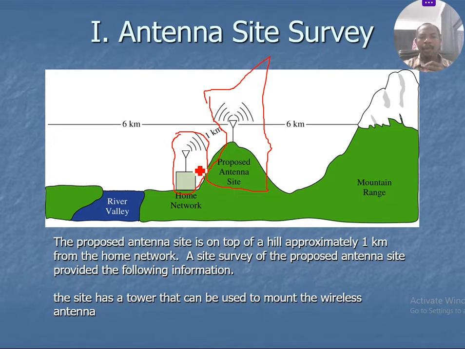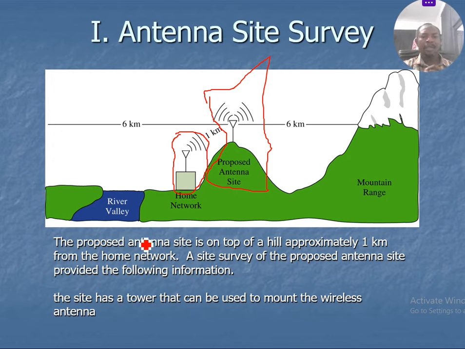However, from your home, the maximum distance allowable for a Yagi antenna to the distribution tower is around 1 kilometer, so that the signal coverage from the home network to the proposed antenna site where we are mounting the big antenna is 1 kilometer in range.